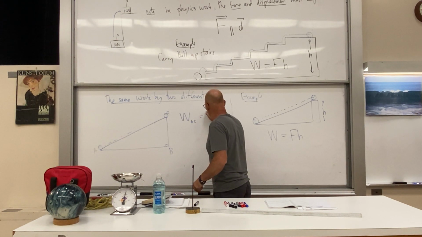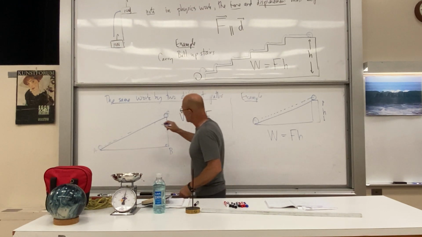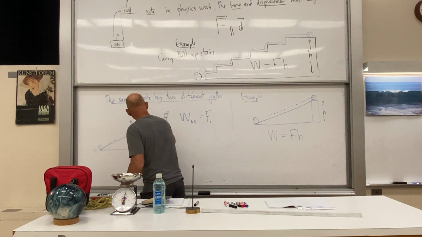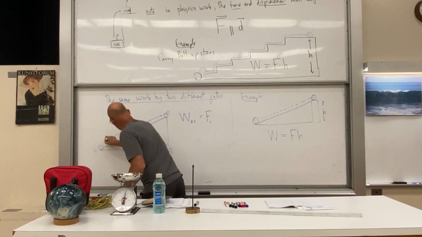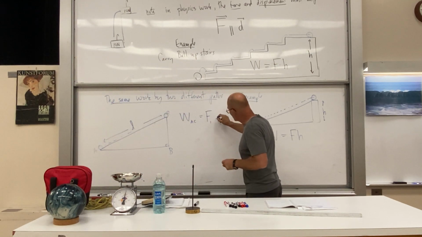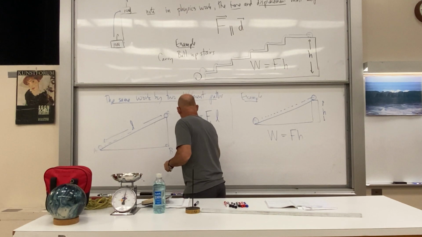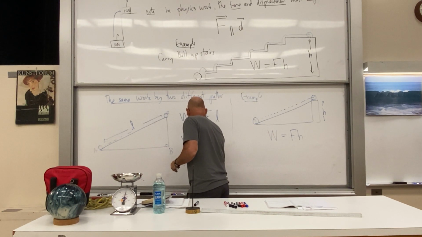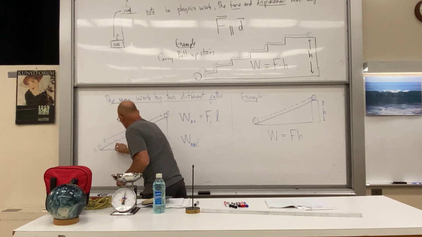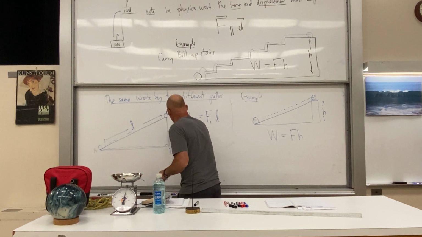is equal to F1 times the displacement, which is going to be the hypotenuse L. So the force to roll it times the hypotenuse L. The work A to B to C is that we roll it along here and then we lift it.